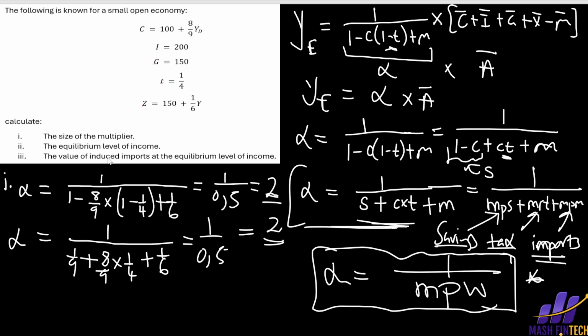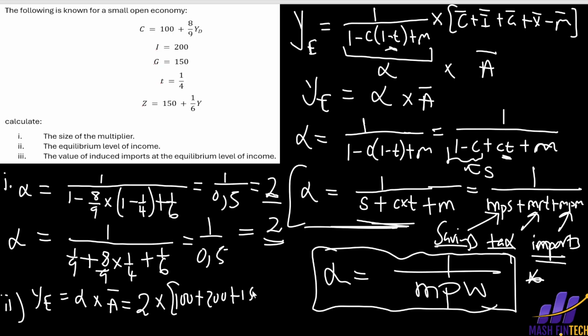We want to calculate the equilibrium level of income, part 2. The equilibrium level of income is the multiplier times the total autonomous expenditure. Our multiplier is 2. For the total autonomous spending, you add just the autonomous part. Here it is 100, and then 200, and then 150.